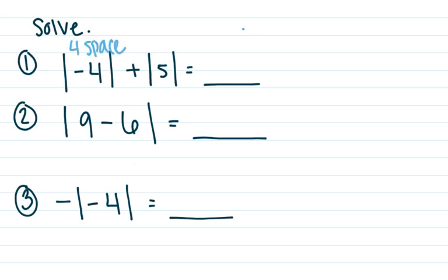So the absolute value of negative 4 is 4 spaces. Now, how far does 5 live from 0? What is the absolute value of 5? Well, 5 lives 5 spaces from 0. So essentially, we're adding those spaces together. What is 5 plus 4? 5 plus 4 is 9. So our final answer is 9.